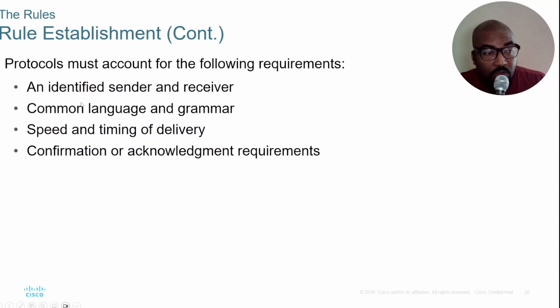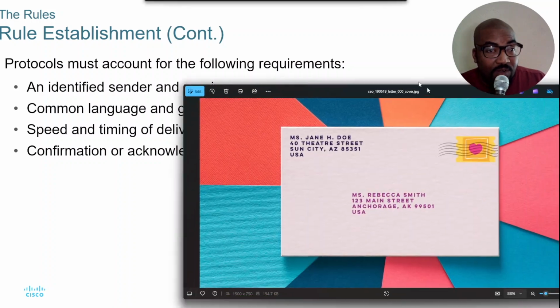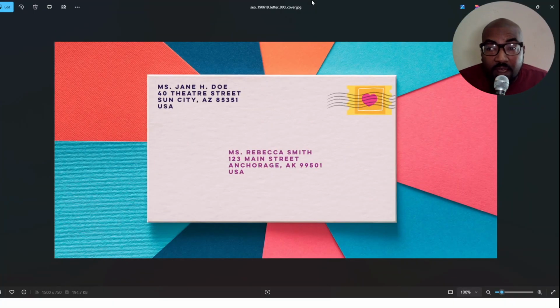Okay, requirements. Let's go back to this. Identify sender and receiver. Okay, so watch this, and I'm going to bring it up again. It says identified sender and receiver. Folks, what do we have here? We have our wonderful letter.